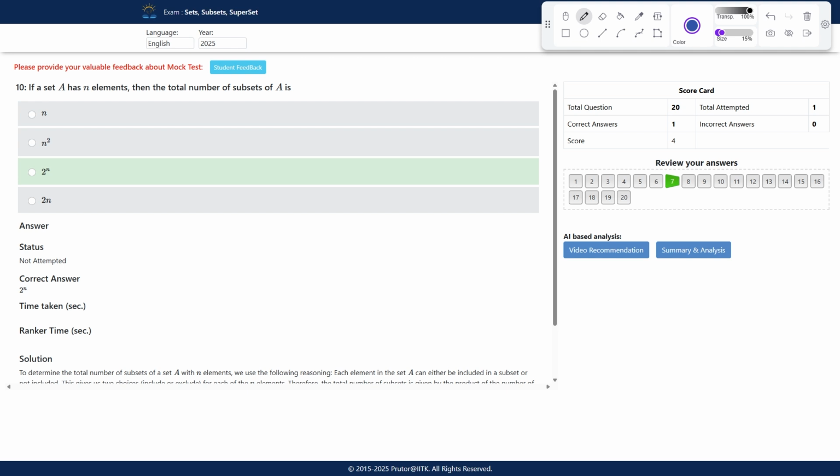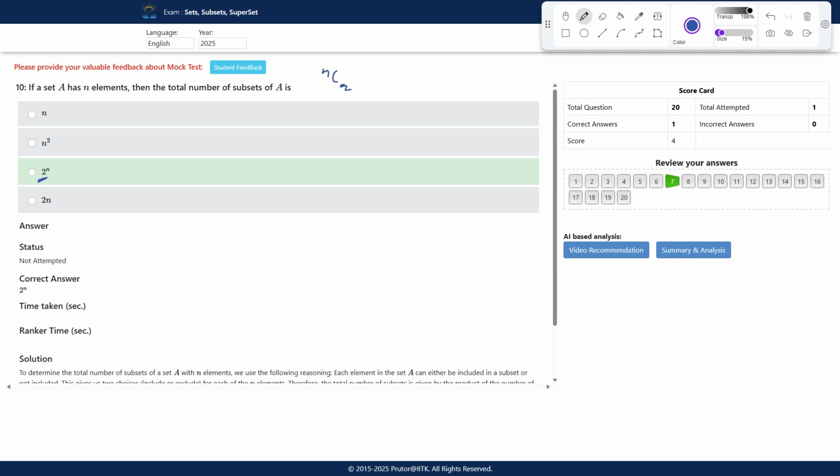So let me just clear something for you. The correct answer is obviously 2 raised to power n. Simple. Clear? Now, in the proof of this, we require some basic knowledge of PNC, especially combination nCr.